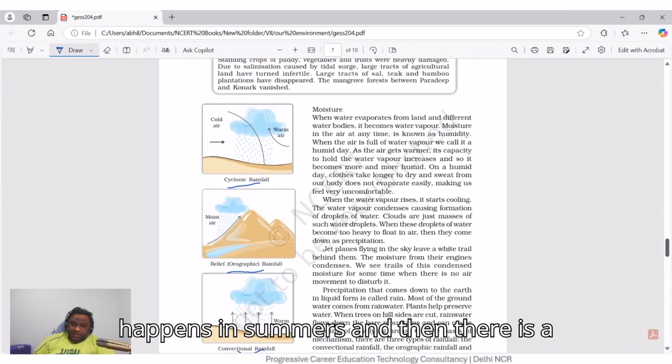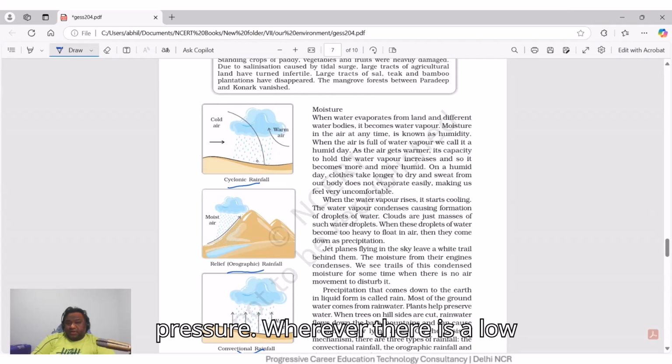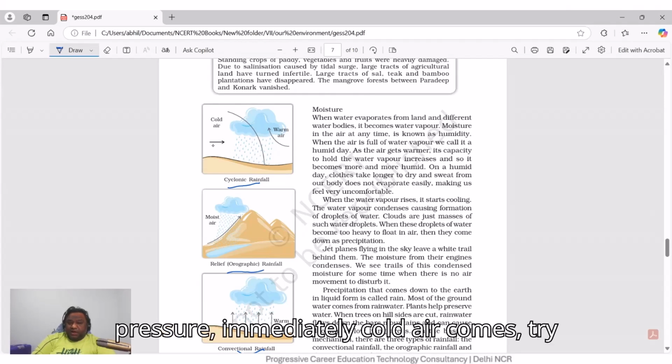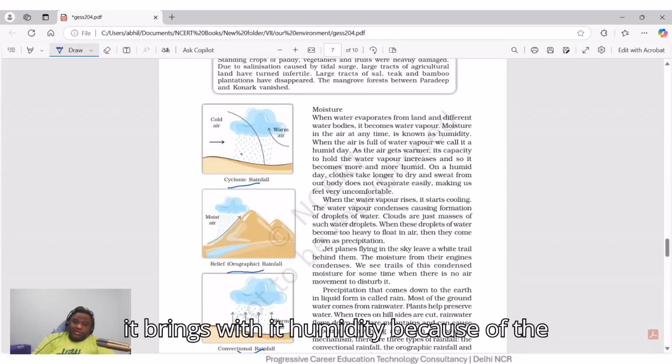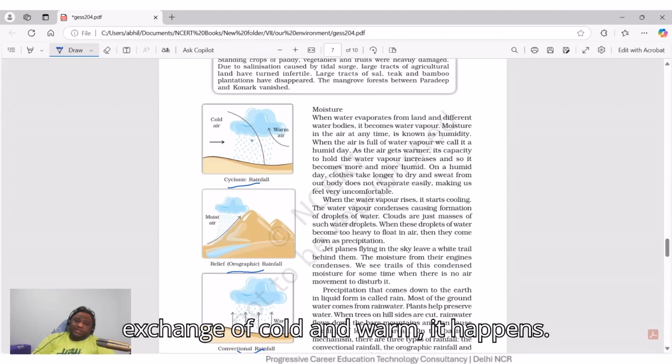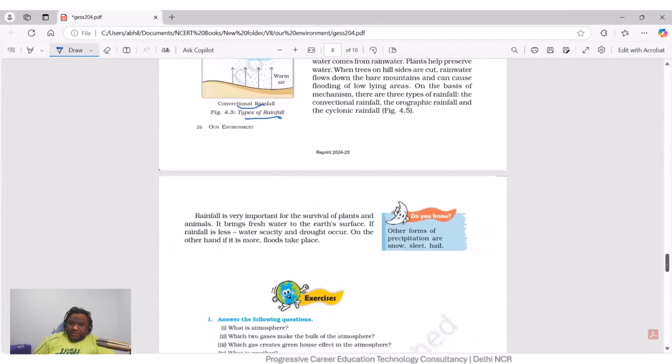This happens in summers. Then there is cyclonic rainfall because of pressure. Wherever there is a low pressure, cold air immediately comes to rescue it. The moment cold air comes, it brings humidity with it. Because of the exchange of cold and warm, the rain happens.